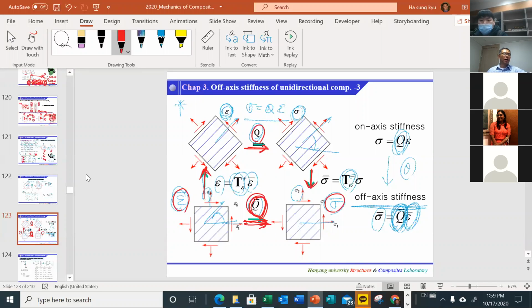So I will rewrite these equations, starting from this, epsilon equals T epsilon times epsilon bar, and this epsilon has the relation with this, sigma, we have a relation of this. And finally, we will have a relation of this and that. And that is the Q bar.